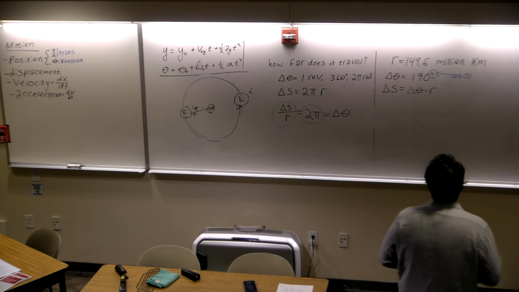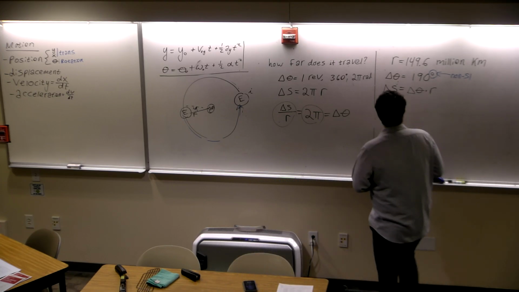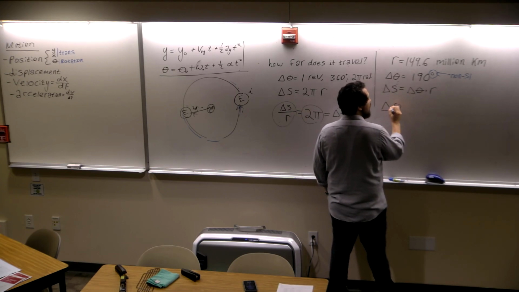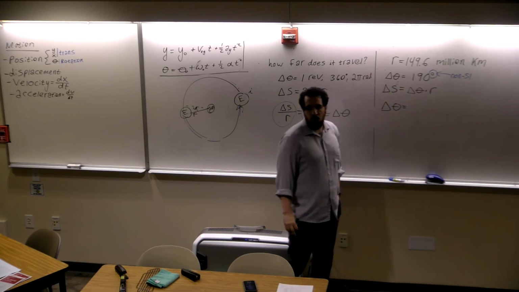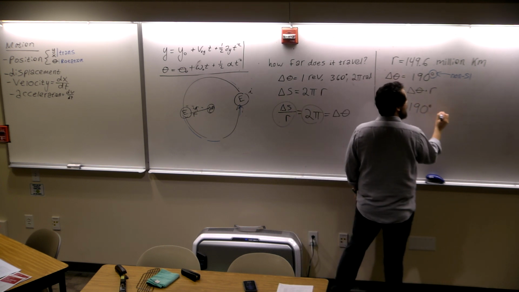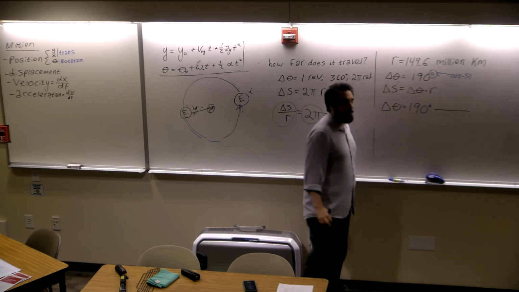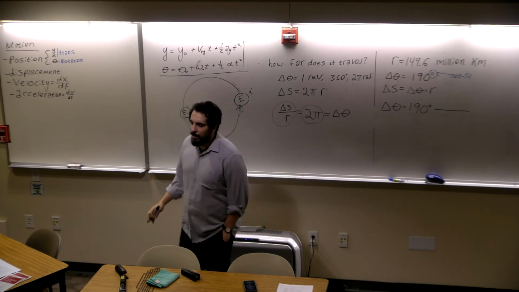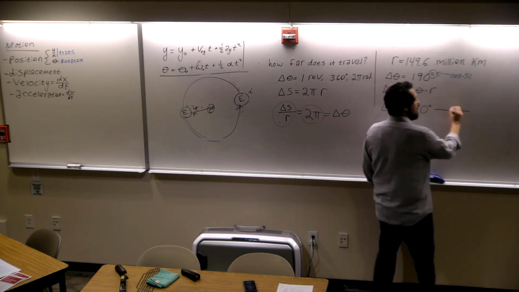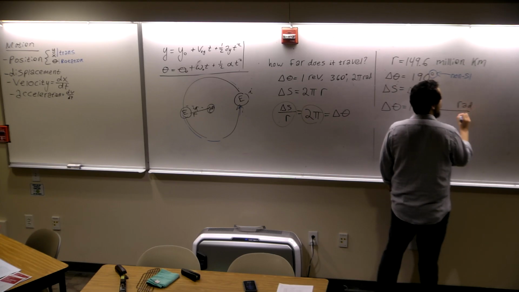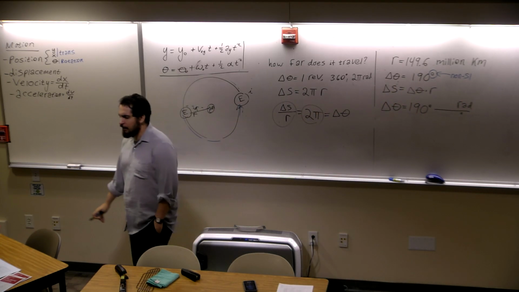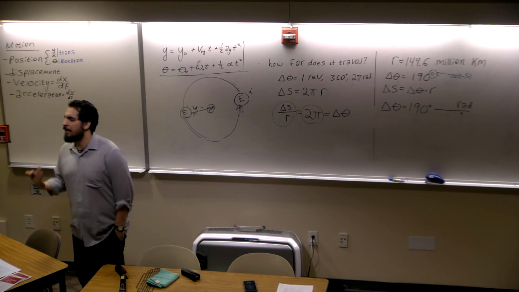So we want to convert to radians, and to do that, we set up a unit conversion factor. We say delta theta is going to equal 190 degrees, and then we put a unit conversion here. What is our unit conversion going to be? We want to end up in radians, so we want to go from degrees. What is our relationship?